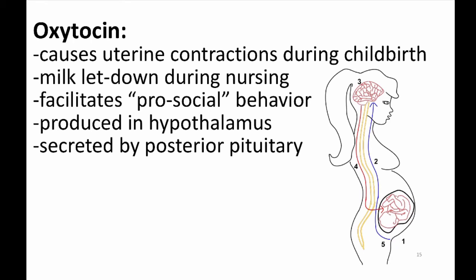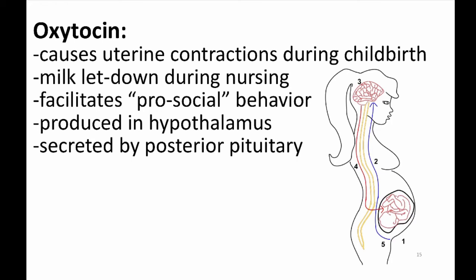Oxytocin is involved in two different kinds of positive feedback loops. It is responsible for uterine contractions during childbirth, and you can look back at the information from the homeostasis lecture about how that process works. It also is involved in the milk letdown reflex during nursing, where the initial stimulus is the baby suckling.